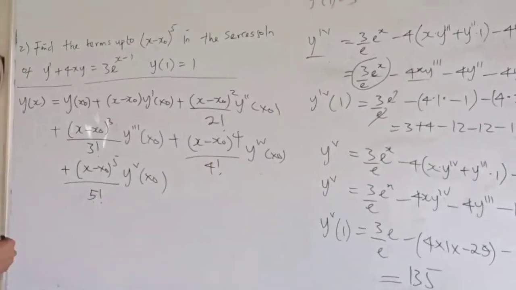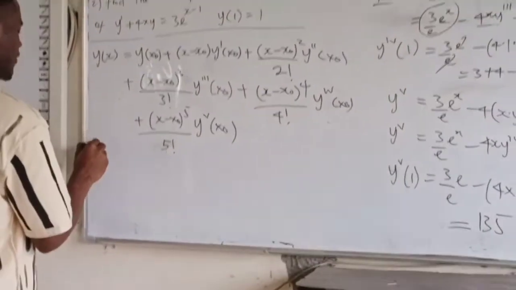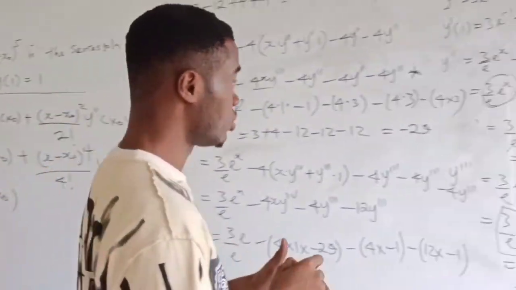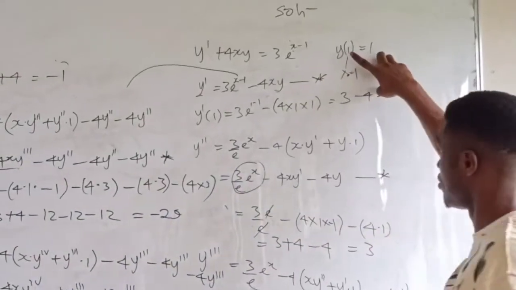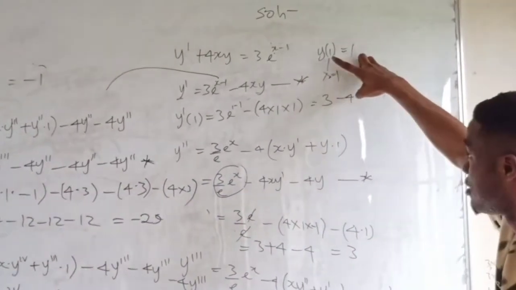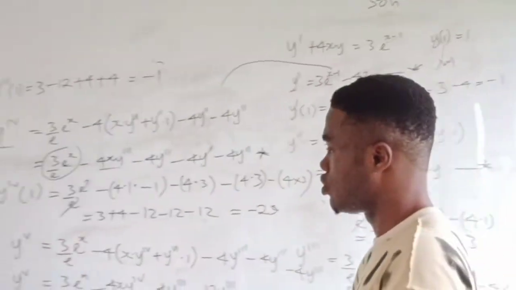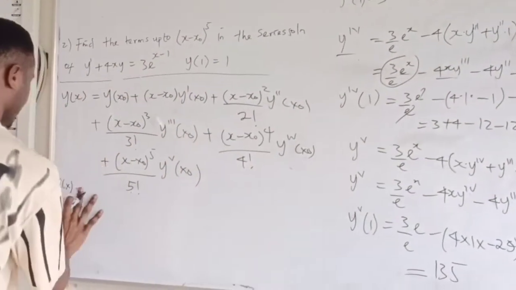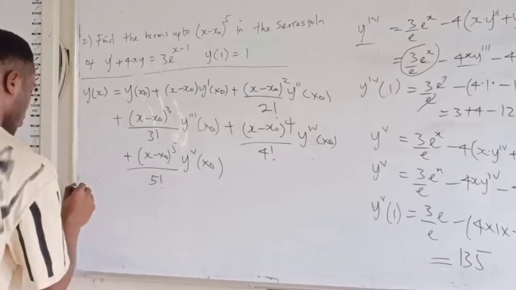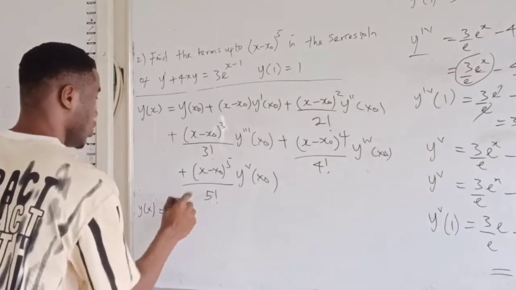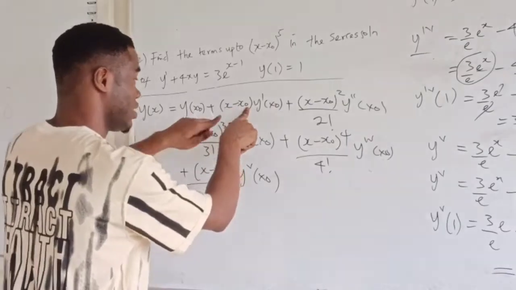So the next step we are going to do is to substitute the values of each of these functions that we have. So we have that our y of x is equal to, what is our y of x naught? It was given in the question. Recall that your x naught is 1. So your y of x naught is 1. So we have 1 plus x minus x naught.